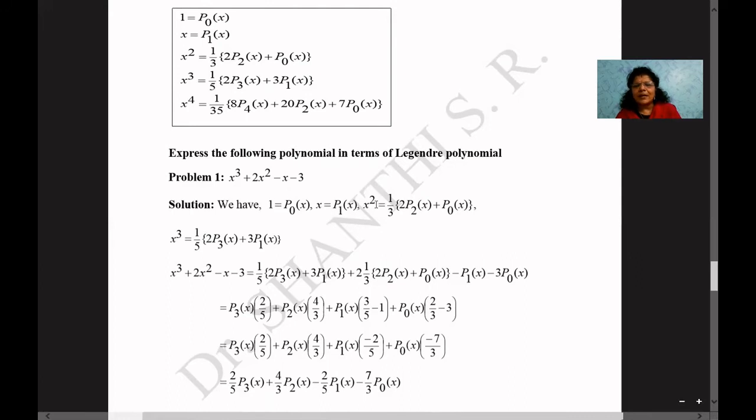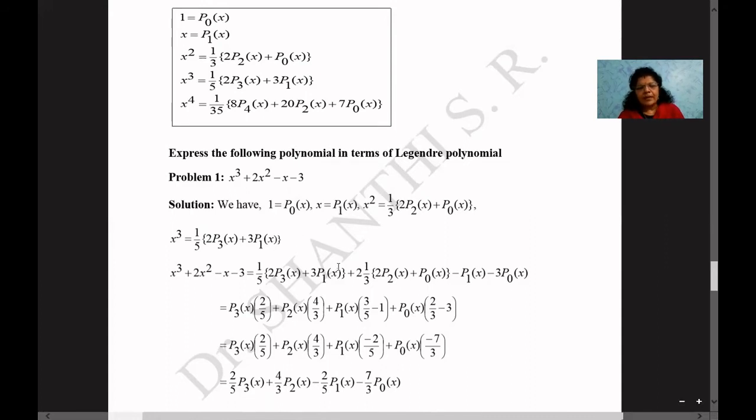What is x square here? 1 by 3 of (2 P2 of x plus P0 of x), minus x value. What is x? P1 of x, minus 3. This can be written as minus 3 into 1, and 1 is P0 of x.